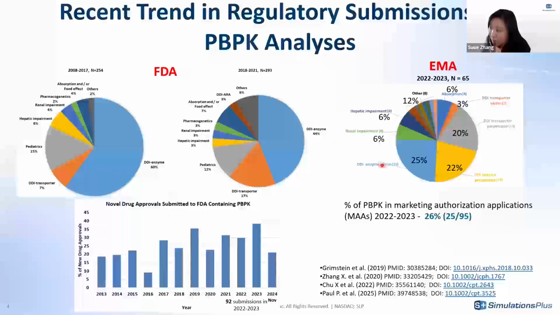The majority of the submissions involve DDI evaluations and organ impairment. There are other applications, such as absorption. In terms of the percentage of PBPK in marketing authorization applications from 2022 to 2023, this is based on 95 submissions, and the percentage is about 26.